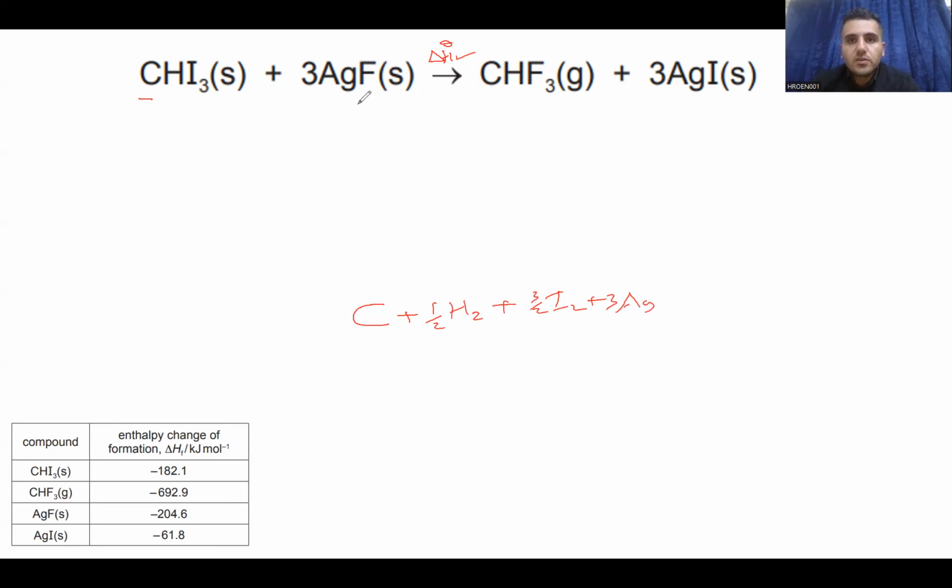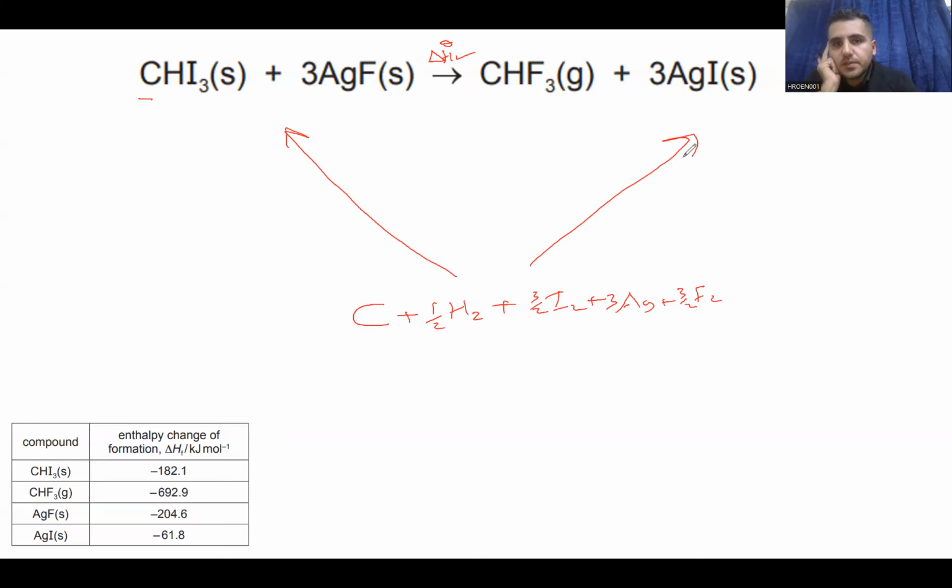And we have also F, how do we write F? F is diatomic, so 3/2 F2. So, guys, the second step is over. The third step, guys, we draw arrows from the elements toward the reactants and toward the products.